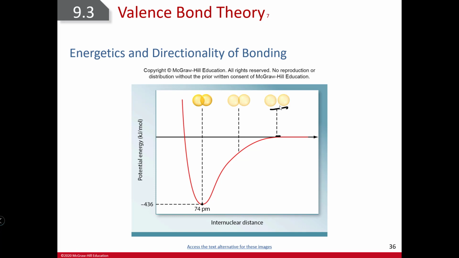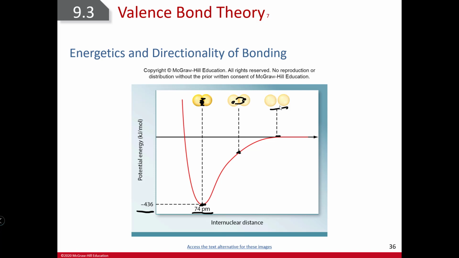As the hydrogens start to overlap, the electrons of this atom are attracted to the nucleus of that atom, and the electrons of this atom are attracted to the nucleus of that atom. At some point we get optimal overlap, and that's at the lowest energy here, negative 436 kilojoules per mole of energy could be released, and we're at the bottom of the energy well, optimum overlap.